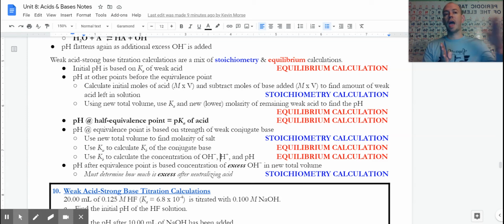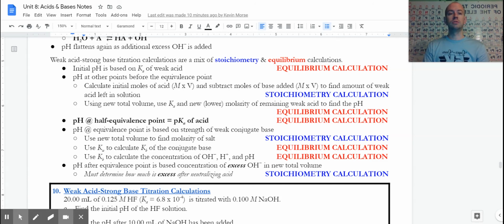It's only the moles after the equivalence point that are contributing to its new molarity. And then we also think about the total volume, the volume of the acid plus how much base we got to that point. So it's definitely a limiting excess problem, which is a good way to test your knowledge of stoichiometry, and then still thinking about H plus, OH minus, and pH in terms of those relationships.